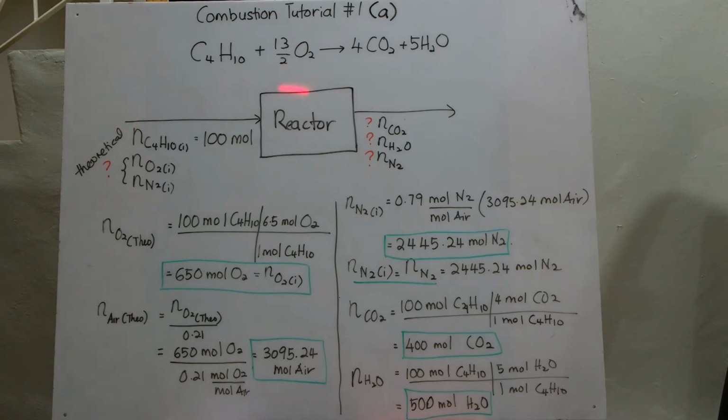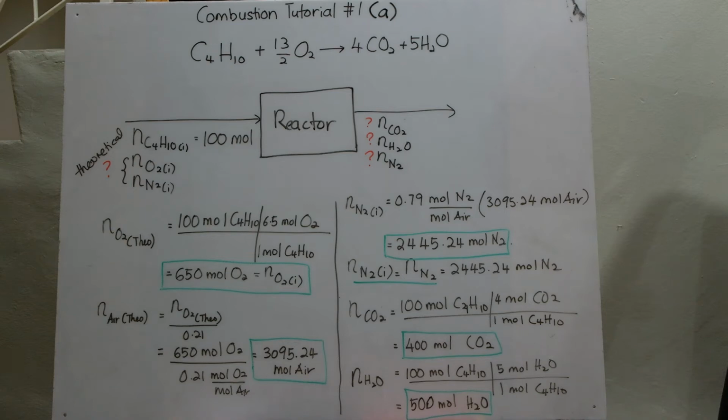Okay, the question wants us to find the molar composition of the product stream. Given information, the basis of the feed is 100 mole, which is C4H10, and the air that goes into the process is theoretical air, which follows the requirement of 100 mole butane here.